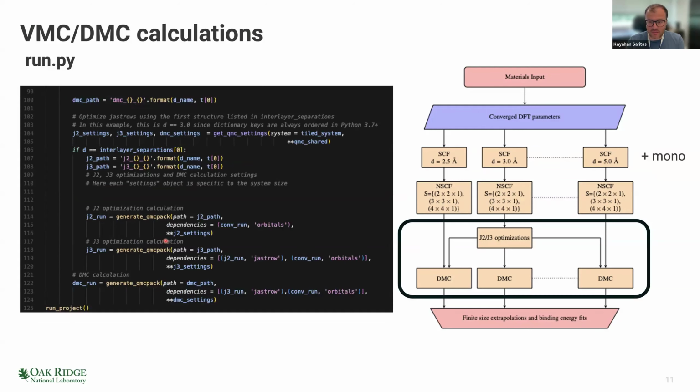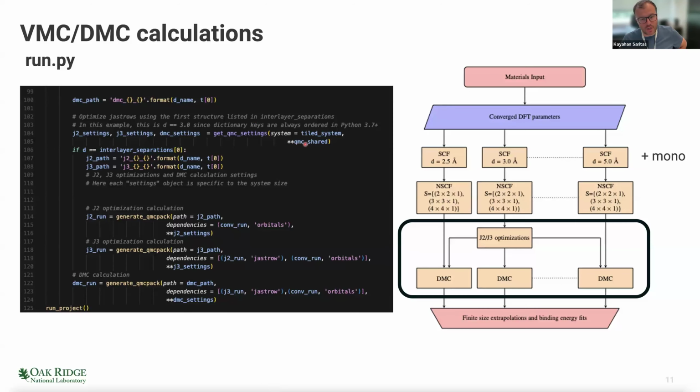So after the DFT related parts are completed, we can see that after a basic definition of the DMC folder name, we are importing the QMC settings based on the system size. I'll come to why this is important here.